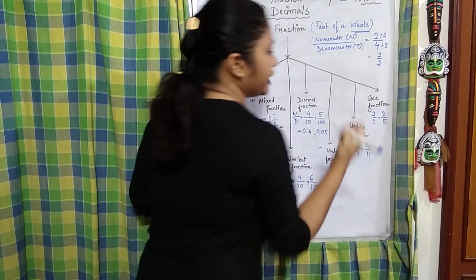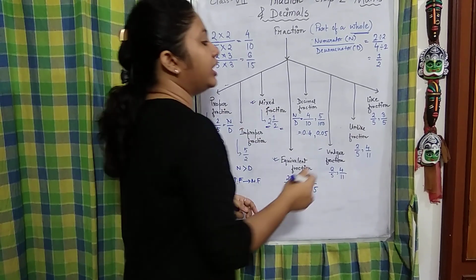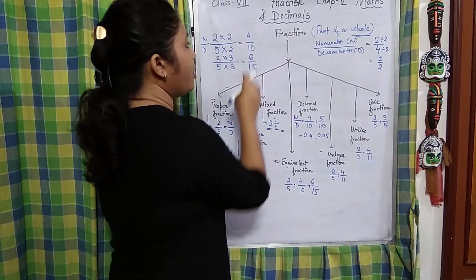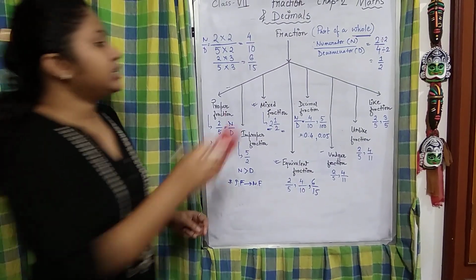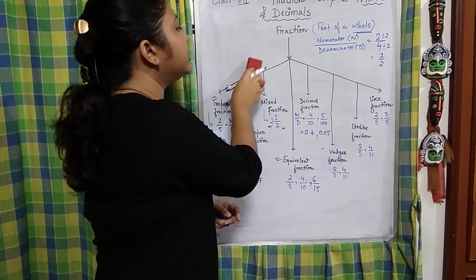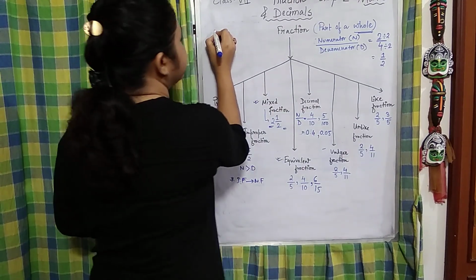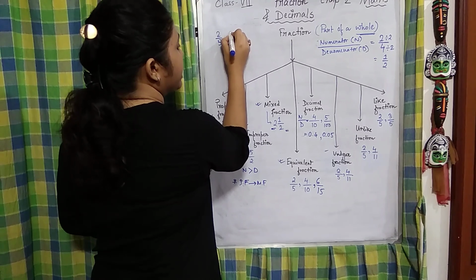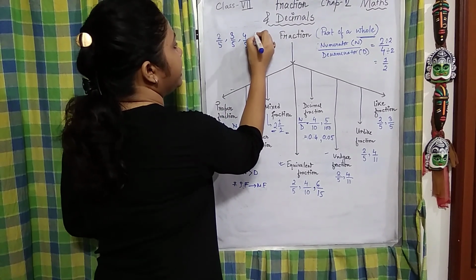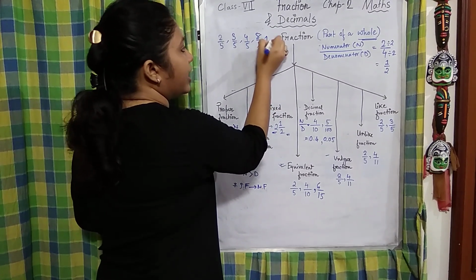Then coming to the like fraction and unlike fraction. We have to deal with them a lot while doing the operations. So like fractions are those kind of fractions where the denominators are similar, say 2 by 5, 3 by 5, 4 by 5, anything, even 5 by 5, eventually it becomes 1.